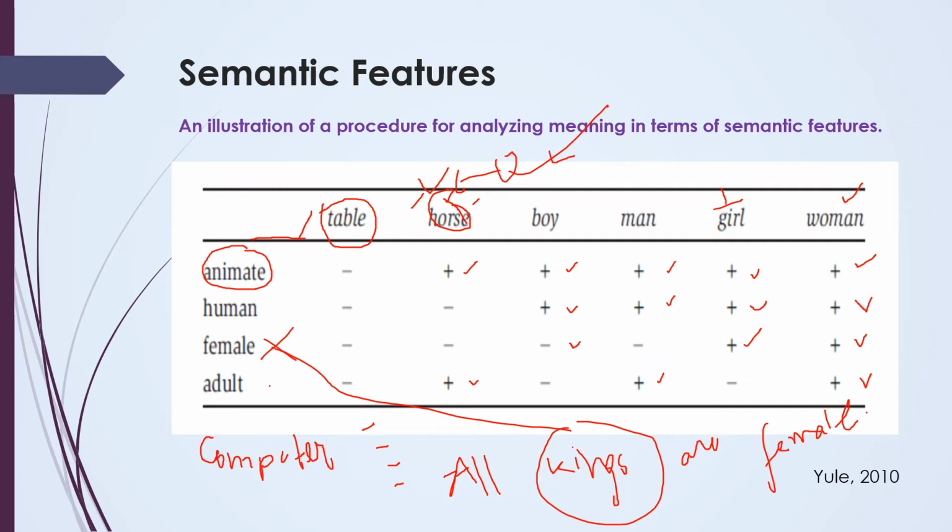Rather we can say either all queens are female or all kings are male. But we can say all kings are human, all kings are adult. No, in some senses we cannot say all kings are adult as well. So that's what we are referring to by semantic features.